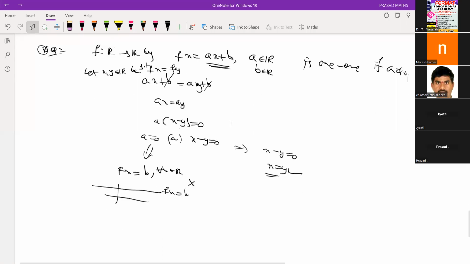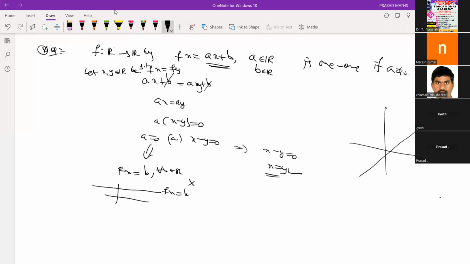Understand? It is a 1-1 function if a is non-zero. Is it an onto function? If a is non-zero, is it onto? Definitely, it looks like a slope like this, or a negative slope. Suppose you take a positive slope.